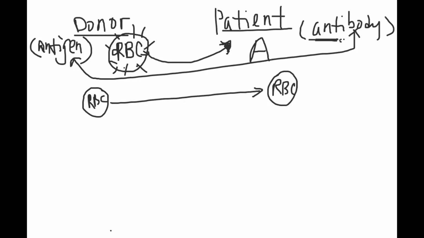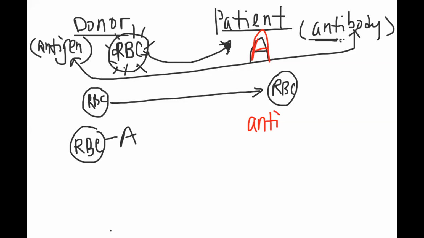Okay, so let's say the donor has type A blood, which has A antigen on the surface of the RBC, and we already know the patient has type A blood. So on the patient side, in the plasma, what antibody does this patient's blood have? Is that anti-A antibody? No, because anti-A will react with its own antigen, right?